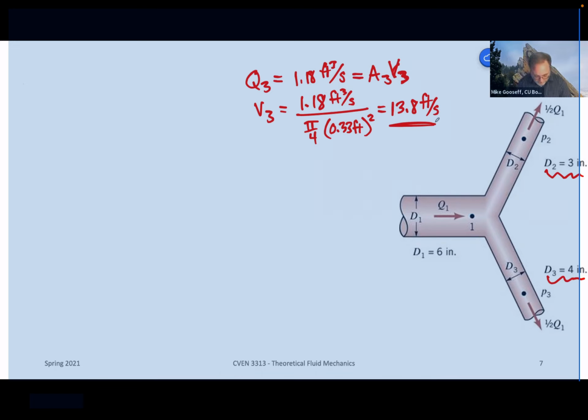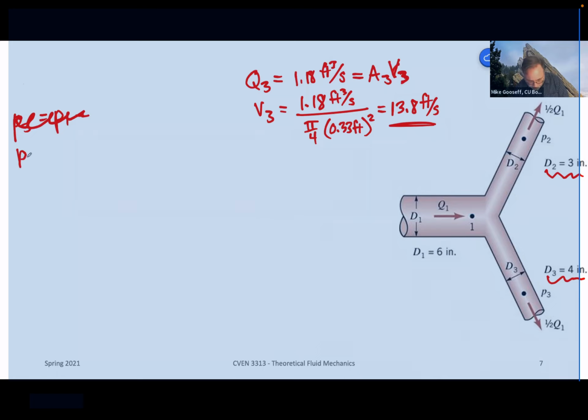we can write this equation for P3. I don't want to skip too many steps here. Let me start over from the beginning.